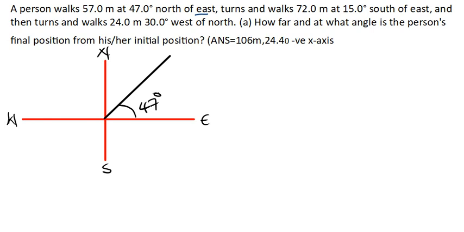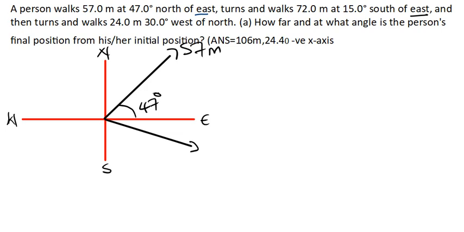Then they are saying the person turns and walks 72 meters at 15 degrees south of east. South of east meaning the angle is nearer east than south. So this is south. So the angle should be nearer east than south. Okay? So this is 55 meters.